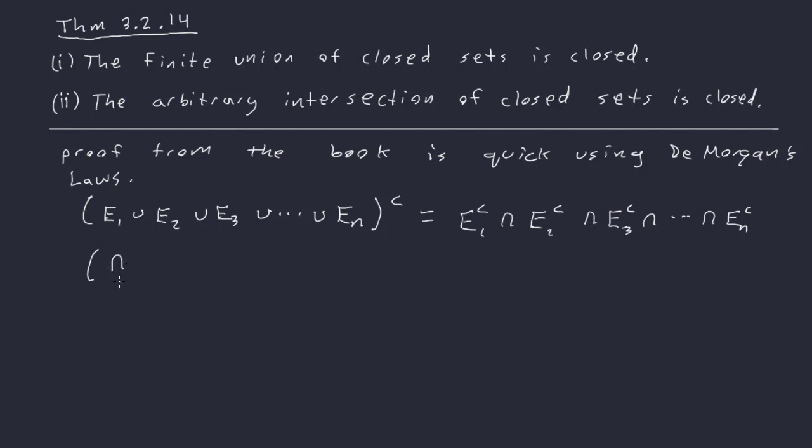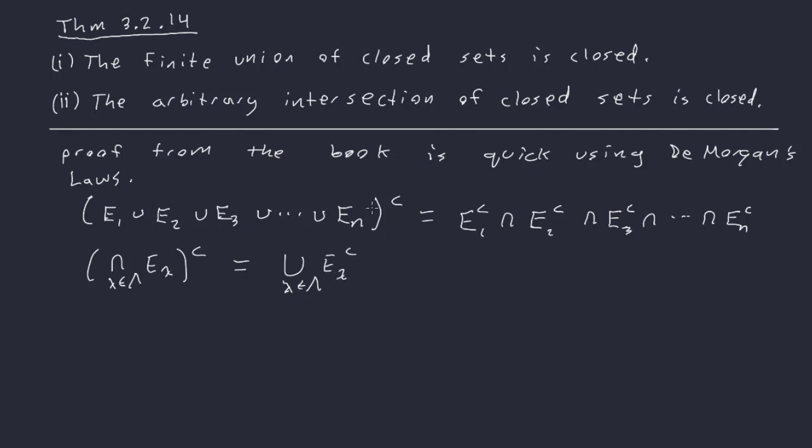So say you have an intersection over lambda in Lambda, and you complement it, then it becomes an arbitrary union of the complements.